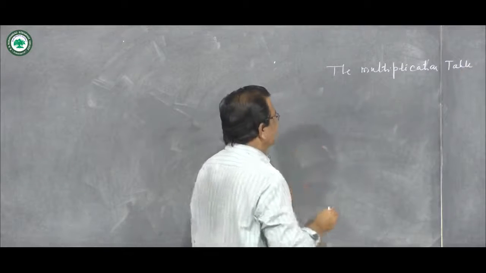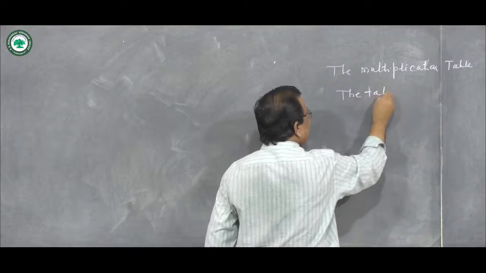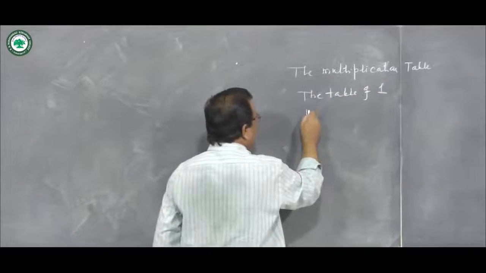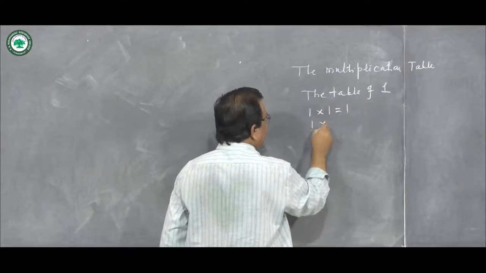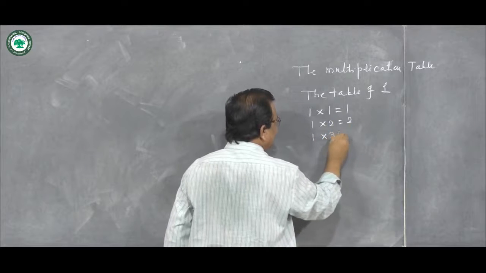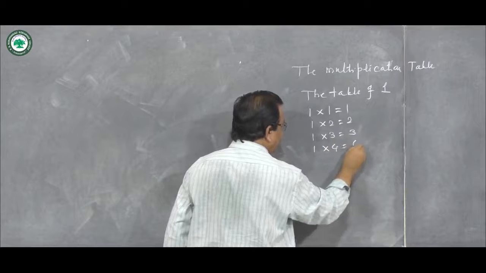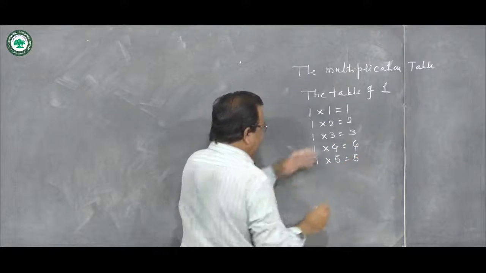The next title will be the table of 1. 1 multiplied by 1 equal to 1, 1 multiplied by 2 equal to 2, 1 multiplied by 3 equal to 3, 1 multiplied by 4 equal to 4, 1 multiplied by 5 equal to 5. I can go up to 10.